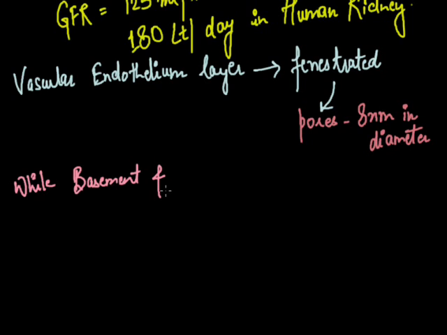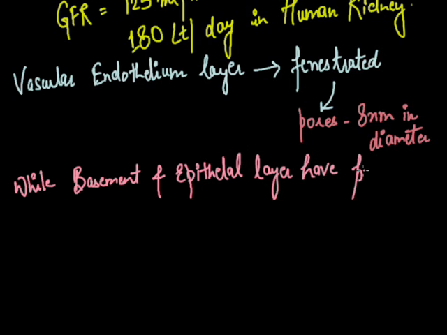The basement membrane and epithelial layer have pores and carry a negative charge, while the endothelium layer is only fenestrated, with a pore size which cannot permit molecules of more than 8 nm diameter.